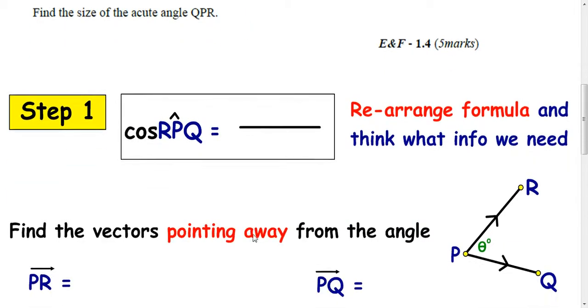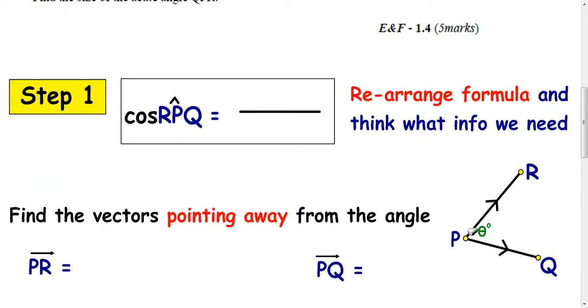Now it's really important that you work out which way to go on this, so I've drawn a wee diagram here. Now when you multiply vectors for this top line, you need to go from this point here, the vertex of the angle, out the way each time. So you really want to deal with PR multiplied by PQ, and that's your top line. And then you just do the magnitudes in the bottom line.